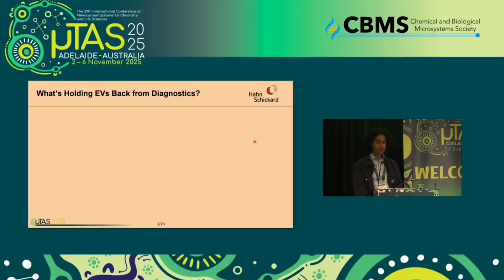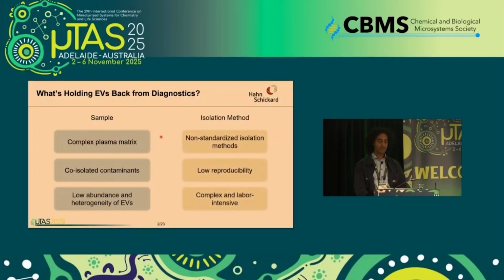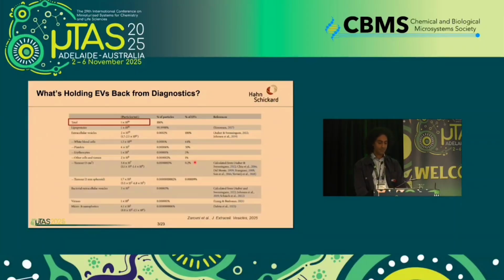However, regarding the plasma sample, the complexity of the sample itself, which normally leads to co-isolation of contaminants, as well as the low abundance and heterogeneity of EVs, are among the main reasons. Beyond that, there is not really any standardized method for isolation, and the existing ones normally suffer from low reproducibility and a complex and labor-intensive process. So basically, these are the main challenges we would like to answer in our research.